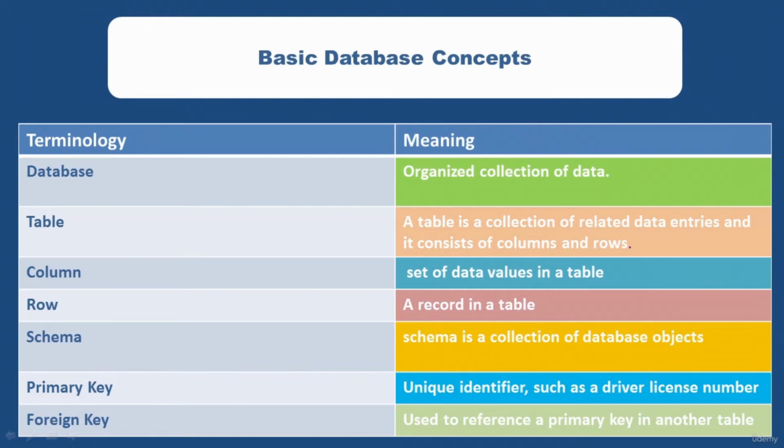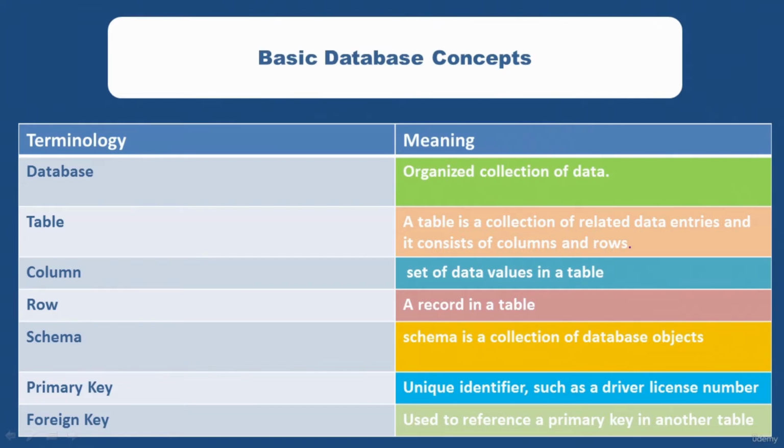A foreign key, on the other hand, is like a primary key, but not exactly. It is used to reference a primary key in another table. For example, if table A has a primary key and table B has a primary key too, you can have the primary key from table 2 acting as a foreign key in table 1.